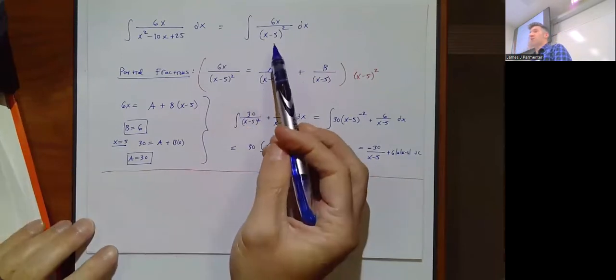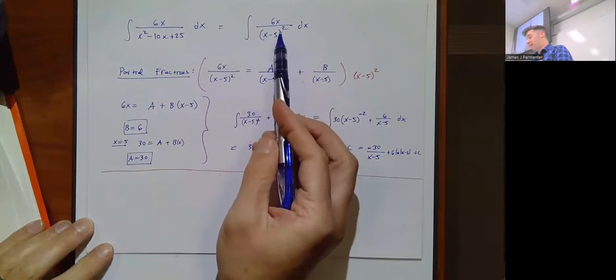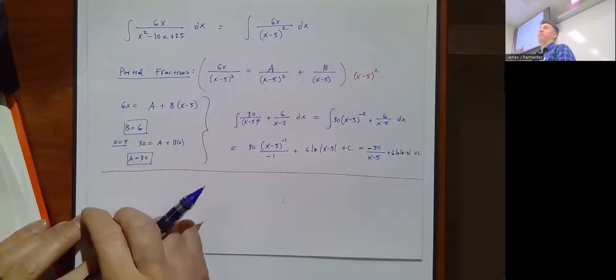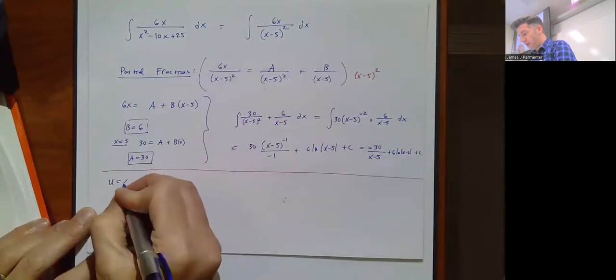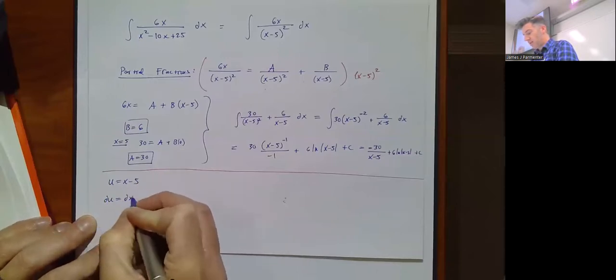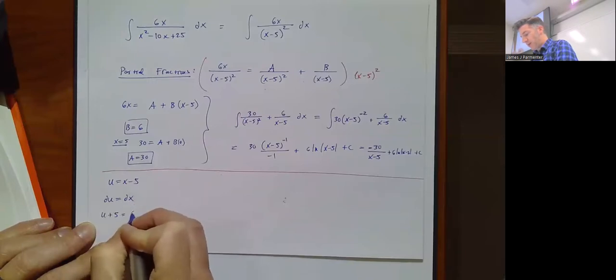When your denominator is just one term like this that factors to a power, like x minus 5 squared or x plus 4 cubed, something like that, you can totally do a u sub with a back sub. So we could also have done u equal to x minus 5. My du is equal to dx, and solving for x here, u plus 5 is equal to x.